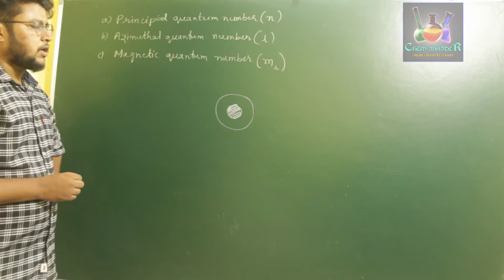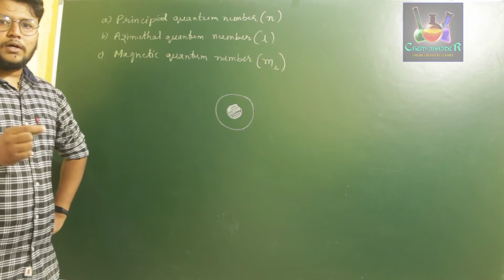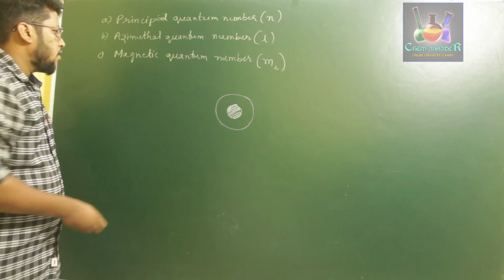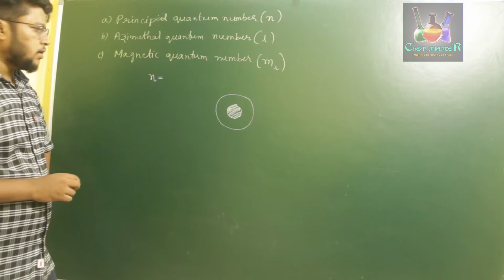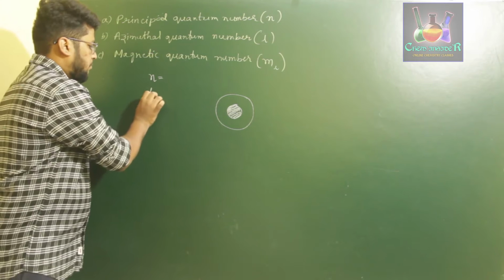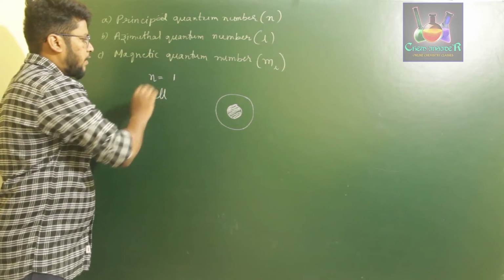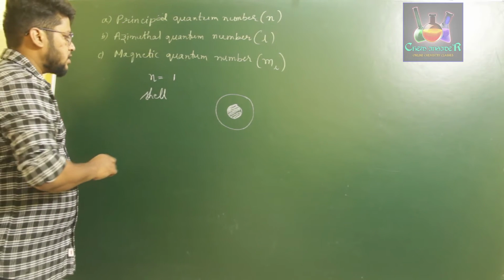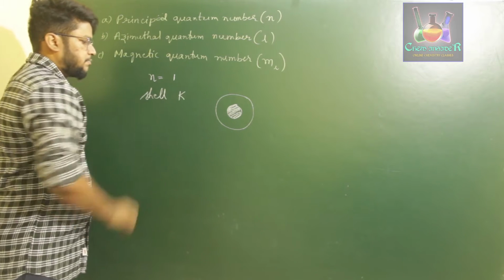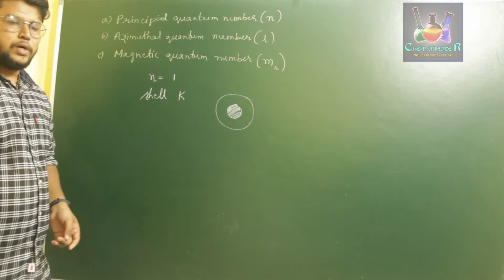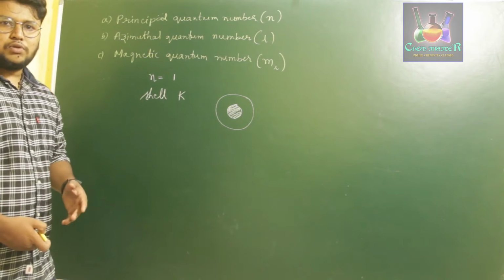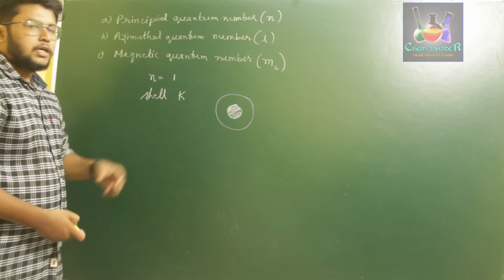This principal quantum number is nothing but the shell value. For each and every value of n, we will have a respective shell. If the value of n is 1, we consider the orbital as K shell. If you take n equal to 1, then the shell of that given orbital will be K shell.